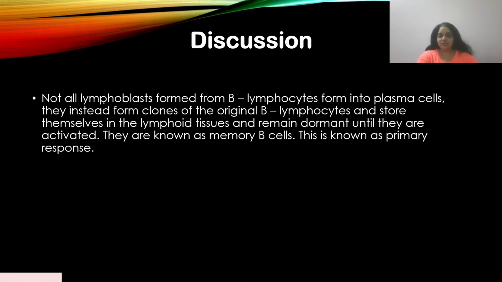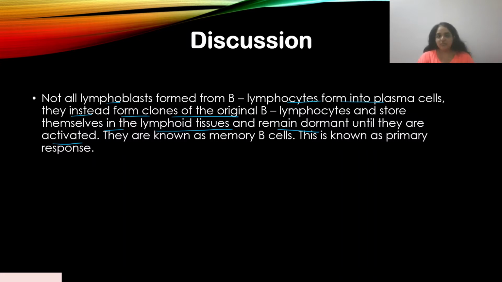Now, we already discussed lymphoblasts, right? Not all lymphoblasts formed from B lymphocytes form into plasma cells. They instead form clones of the original B lymphocytes and store themselves in lymphoid tissues and remain dormant until they are activated. Like I said, an antigen attaches to a B lymphocyte that has a cell surface receptor for it.